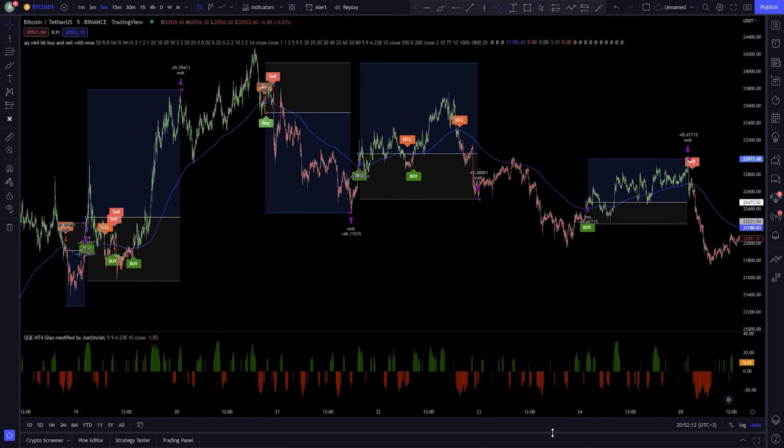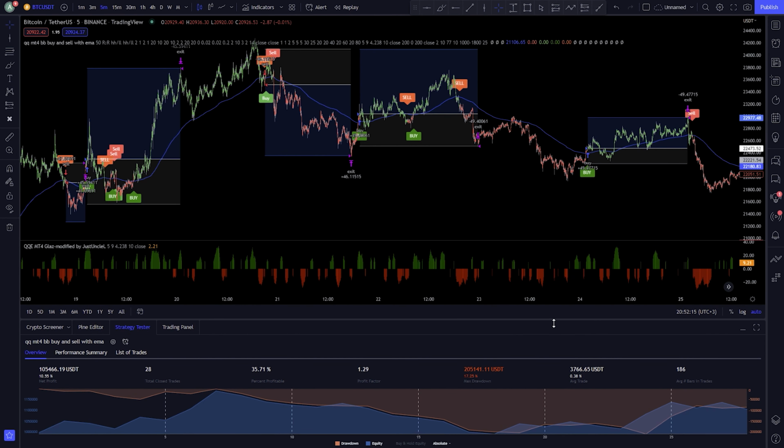Let's see the result. As we can see, the win rate is 35%.